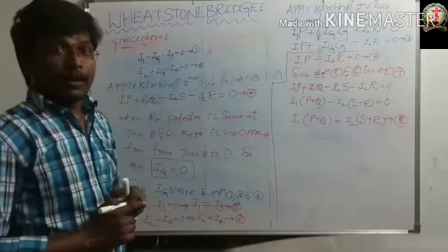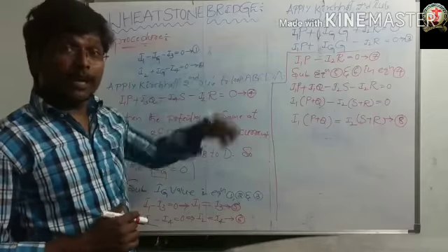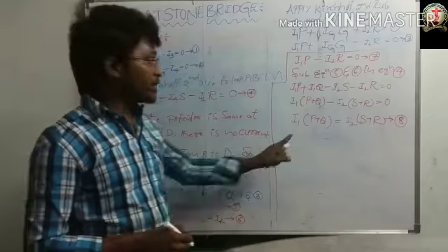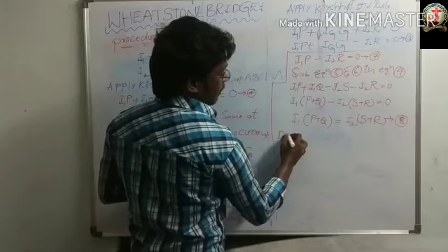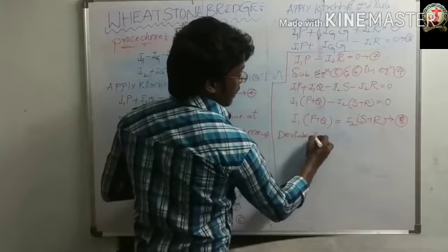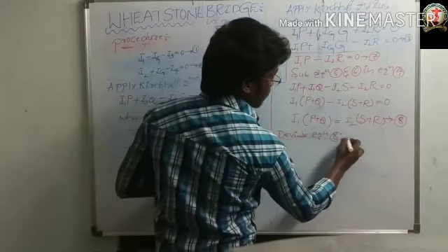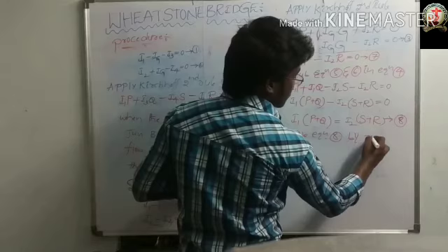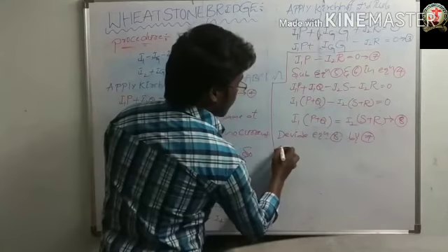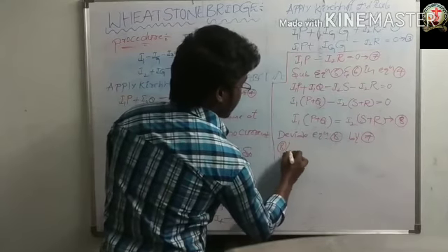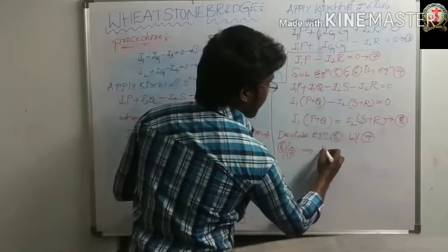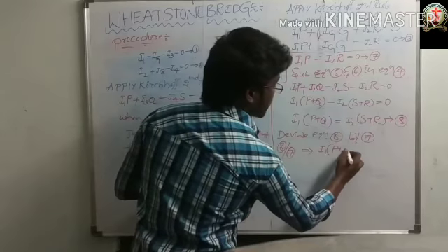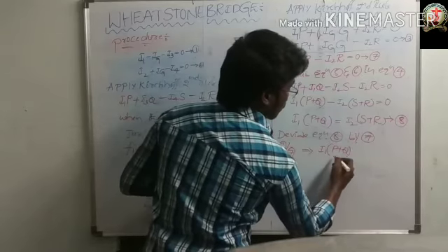Okay, divide equation 8 by 7. Sorry, divide equation 8 by 7. What is equation 8? This one, I1 into P plus Q. This is the LHS side, correct?